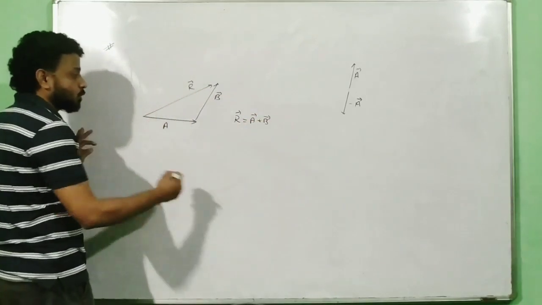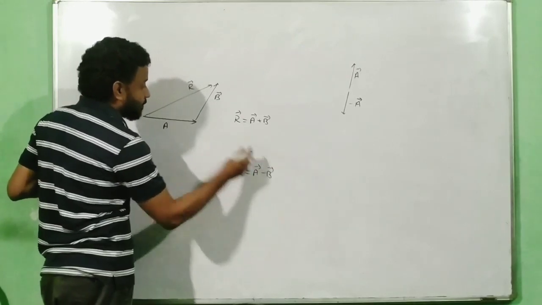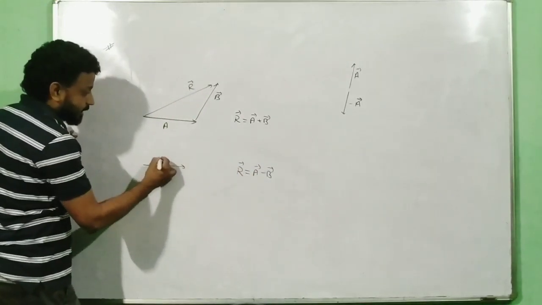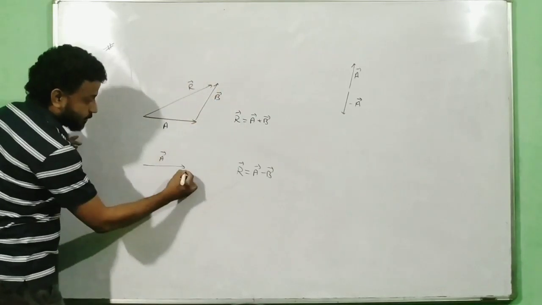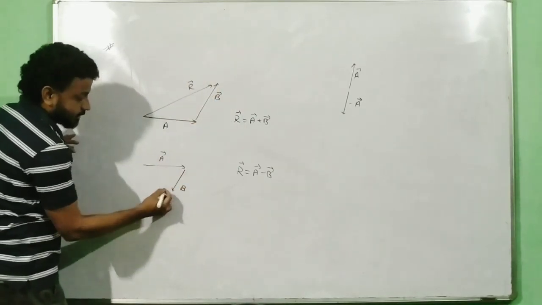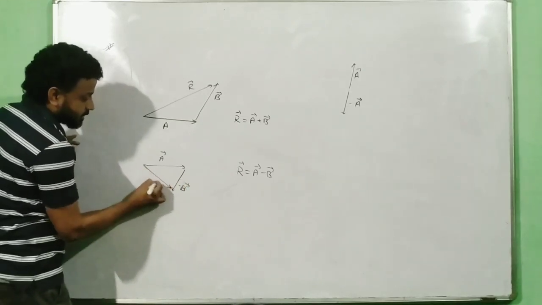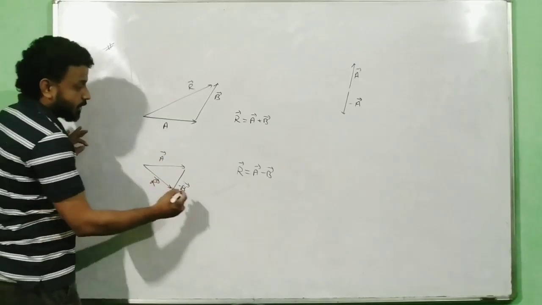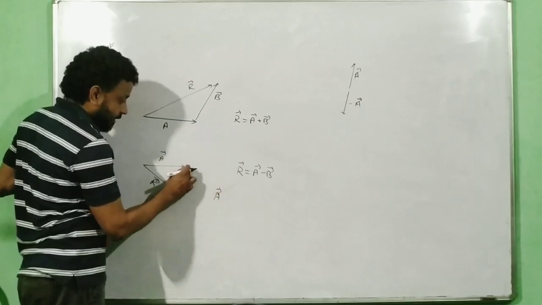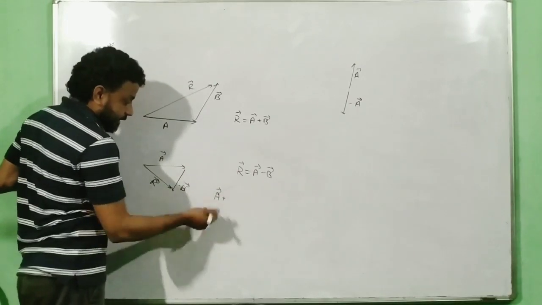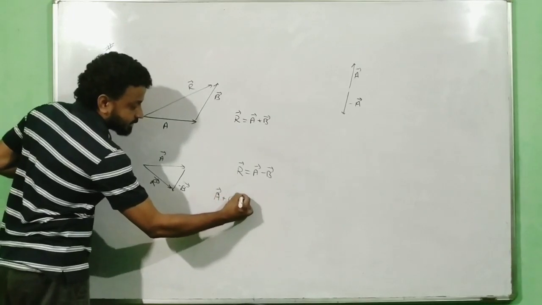Now I want you to draw how the resultant looks for A vector minus B vector. So A is the same. Now what is B? B is in this direction. Flip it. If you flip it, it goes in this direction, and you put minus B here, and this becomes the resultant R. How will you write it? You will write R, A vector, tail head, A vector, tail head, but this vector itself is negative. So I will write plus and then I will write minus.